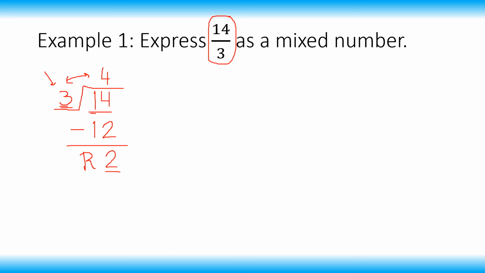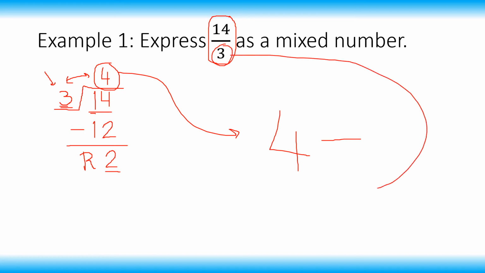The quotient tells us how many wholes we have, so this 4 up here is how many wholes we have. Our mixed number is going to have a big 4 sitting out in front, and then a fraction. The denominator of the fraction just comes along for the ride, so this 3 comes along and sits right there.